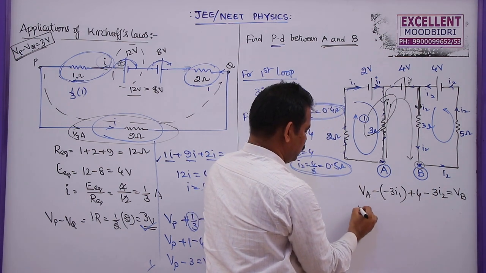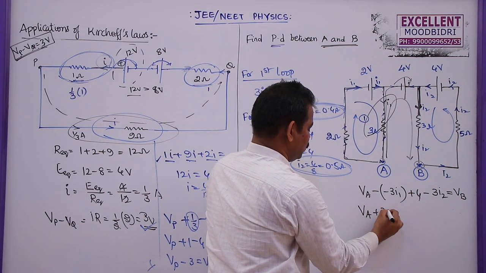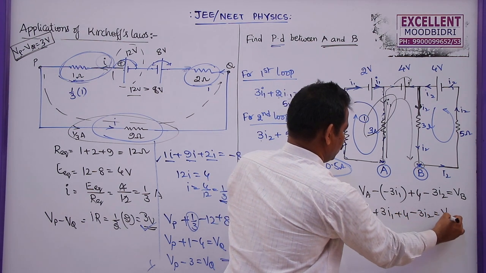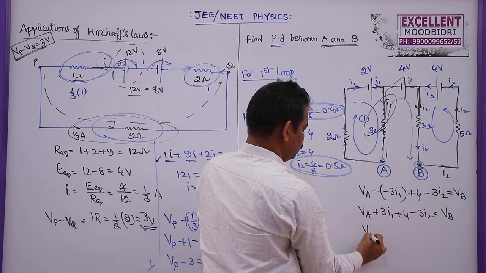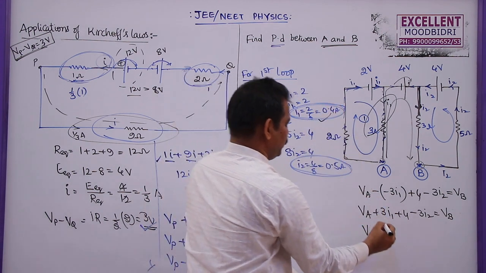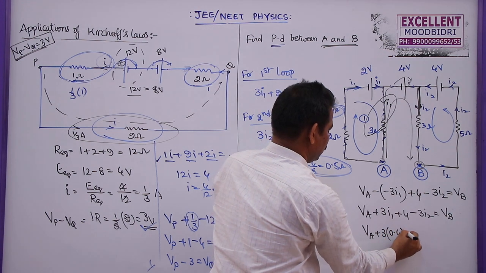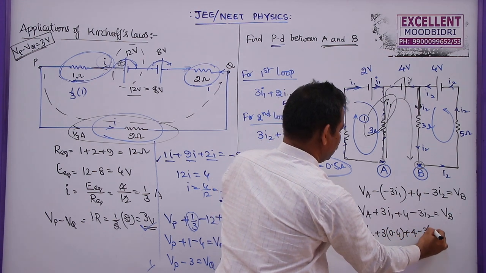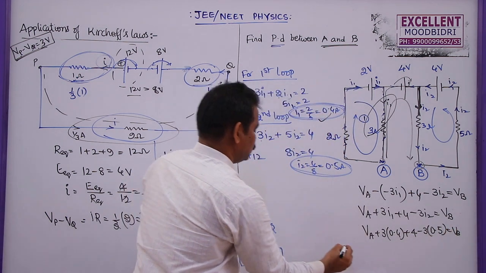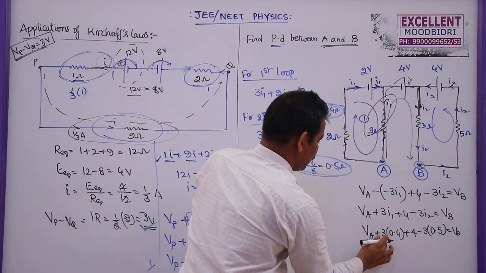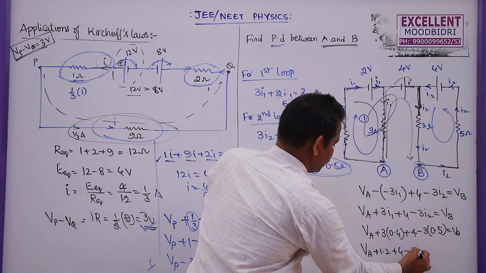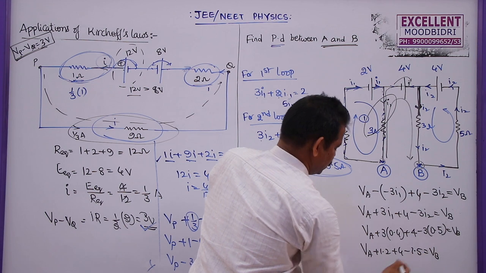So now I can write VA plus 3I1 plus 4 minus 3I2 is equal to VB. So VA plus 3 times I1, what is I1? I1 is 0.4, plus 4 minus 3 into 0.5 is equal to VB. So this will become VA plus 1.2 plus 4 minus 1.5 is VB.